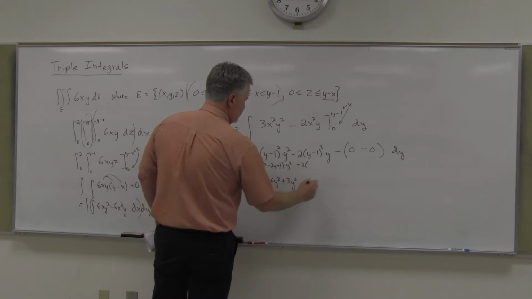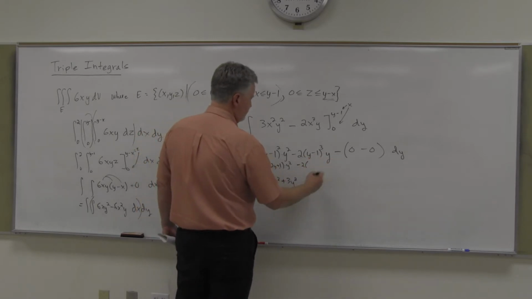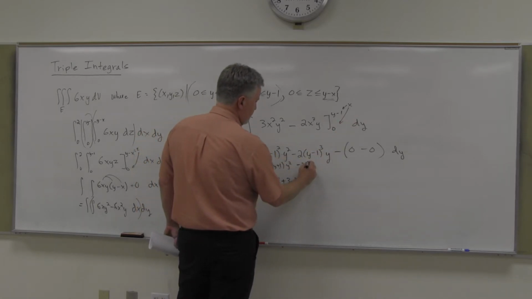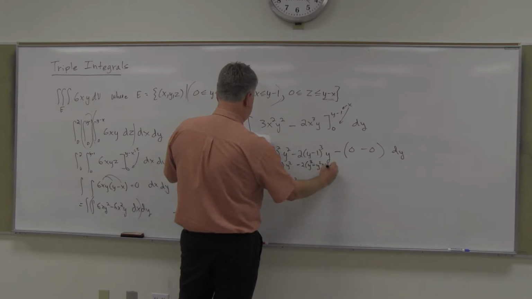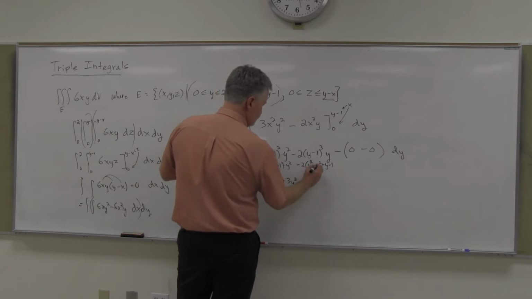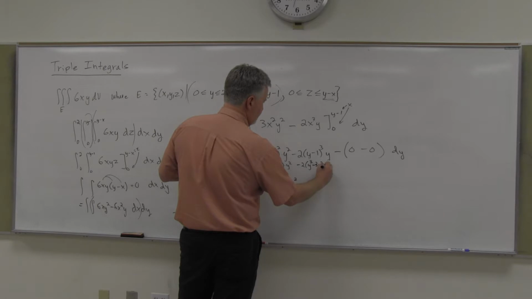Then this, okay, y minus 1 cubed, cube it out, you get y cubed, minus 3y squared, plus 3y.